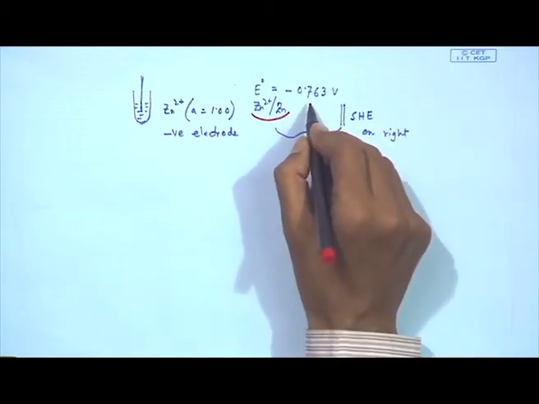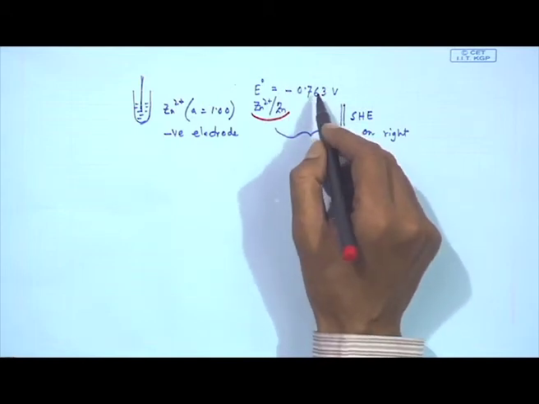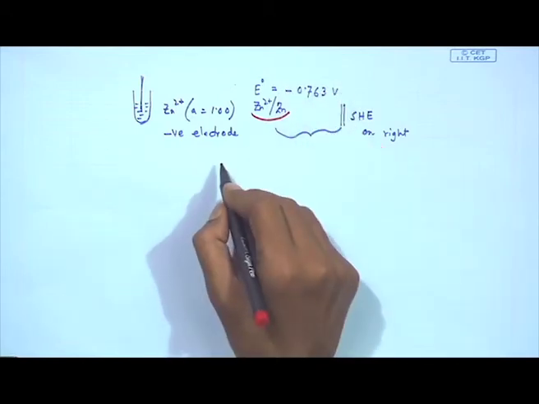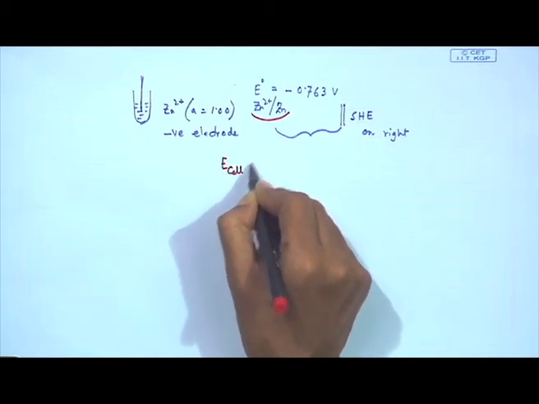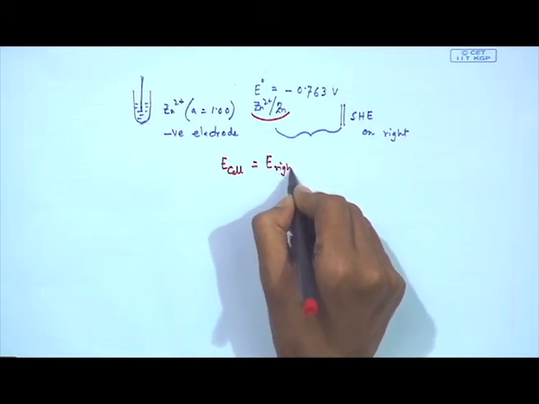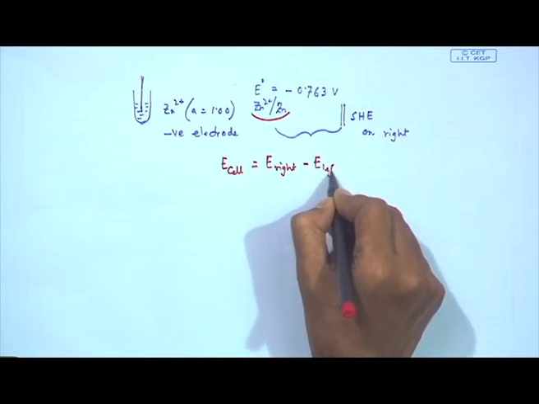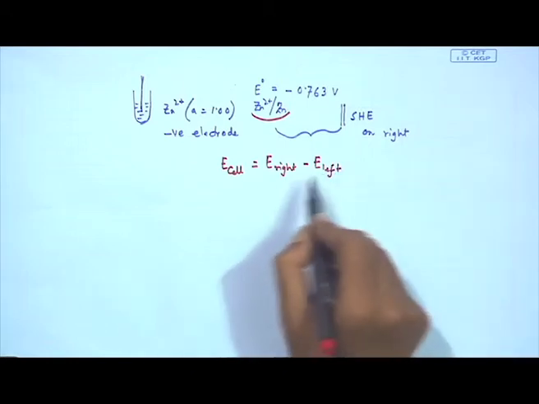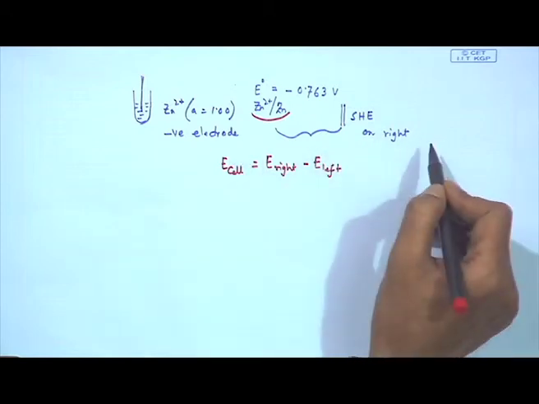And this reduction potential, we see, is more negative compared to cadmium. So, for the total evaluation, E cell is therefore E right minus E left. So far we are not considering whether you have the SHE on the left or on the right.